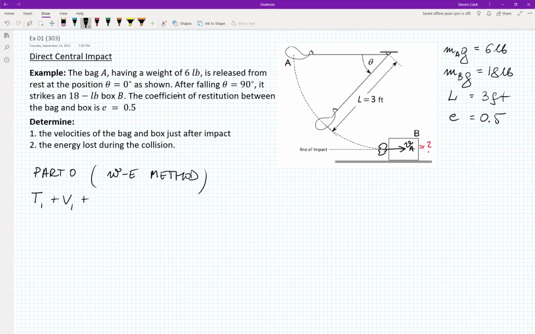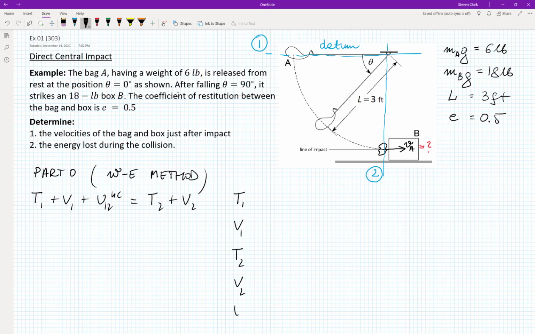T1 plus V1 plus U12 non-conservative is equal to T2 plus V2. Obviously, subscript 1 corresponds to this configuration. And this will also be my datum. And subscript 2 in this equation corresponds to this configuration. Okay, and we must find these 5 guys: T1, V1, T2, V2, U12 non-conservative.